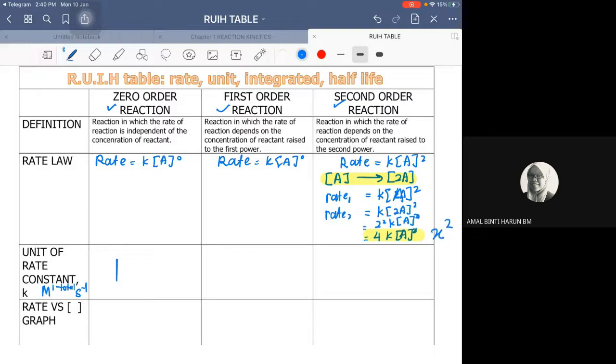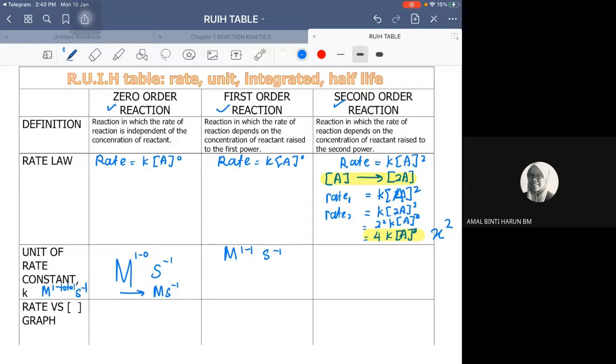So kat sini, 1 minus 0 kan? 1 minus 0 per second. So akan dapat apa? 1 M per second. Ini M 1 minus 1. Order dia 1 per second.